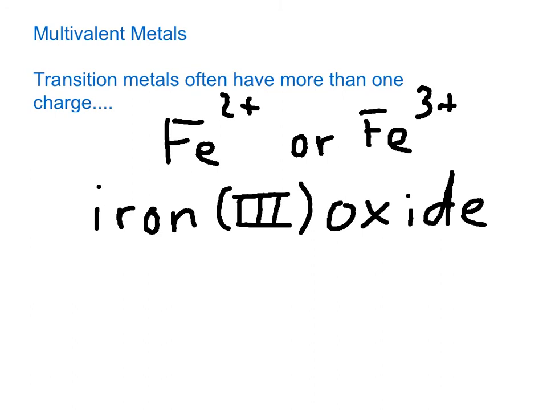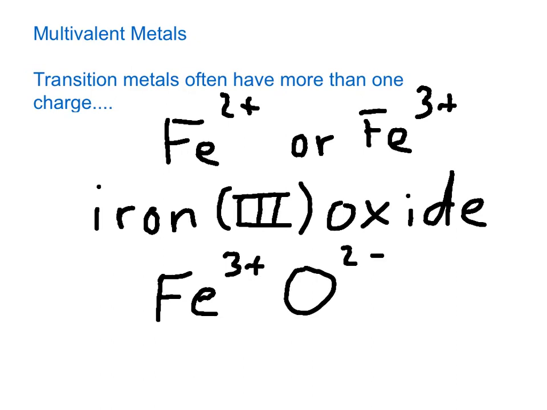To write this formula, we're going to use the fact that we have iron 3, and that tells me which charge to use. And remember, oxide was oxygen with its 2 charge. And after crisscrossing, we end up with Fe2O3.